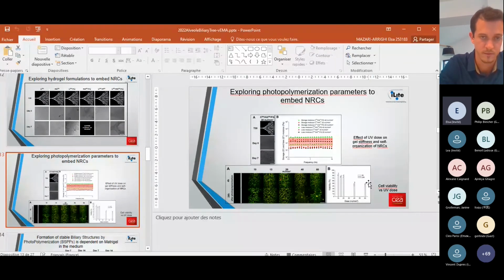But you can minimize the UV dose received by the cells, because we are working with a really low dose, from 10 to 20 millijoules per square millimeter. You can also add things to your mix to make the UV less damaging. From my experience, I use different cell types. There is also different cell photosensitivity, but I never found cell types that cannot be photopolymerized under low-dose conditions.